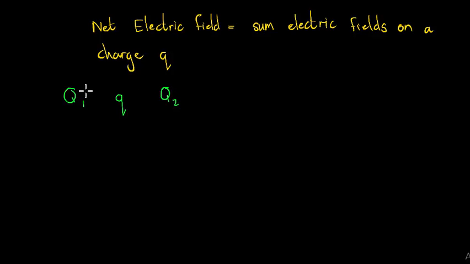Then the field I would experience is the difference between these two. Notice that these two charges don't work together, they work in opposite directions. So in this case my net electric field is the difference between the two.